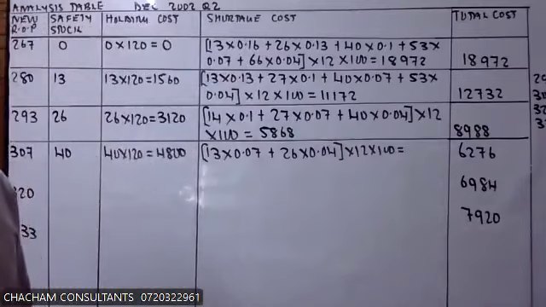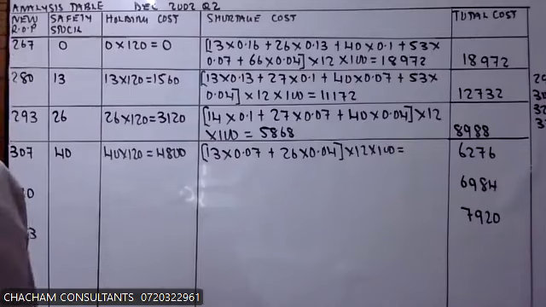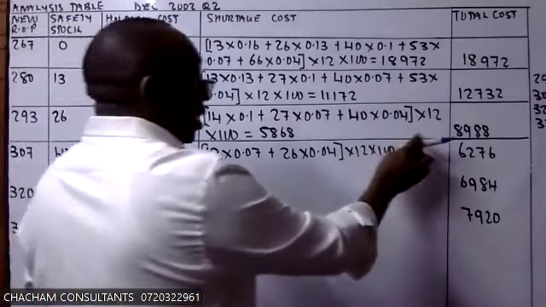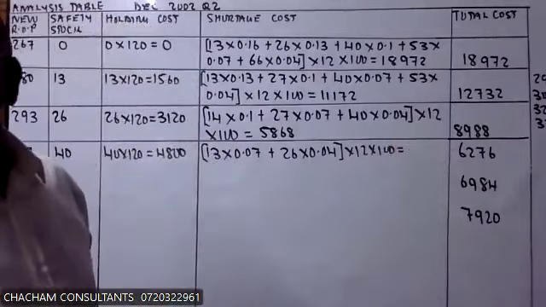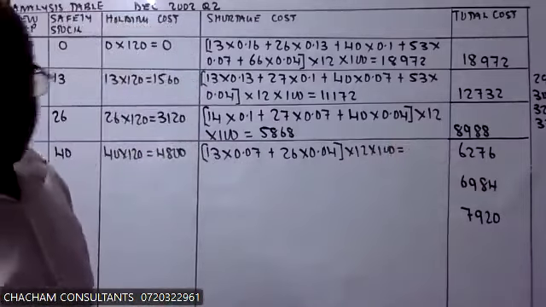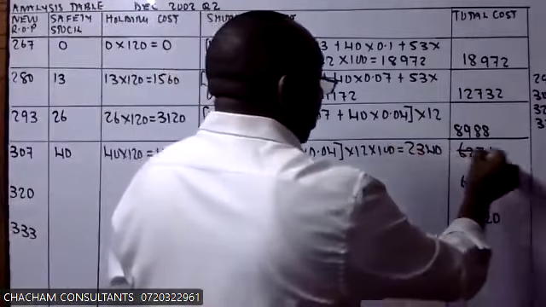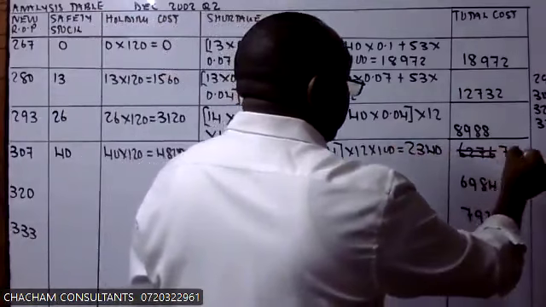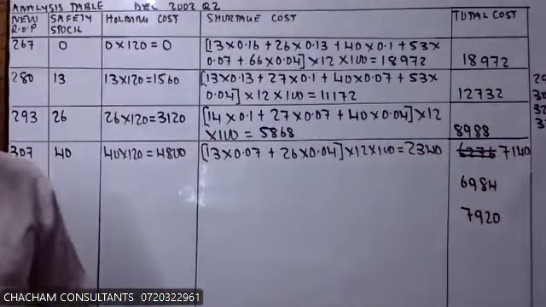So Carol, you also agree it is 71.40. So nisomee hii uko na ngapi hapa? 23.40. So that now this one is 71.40. Higher.